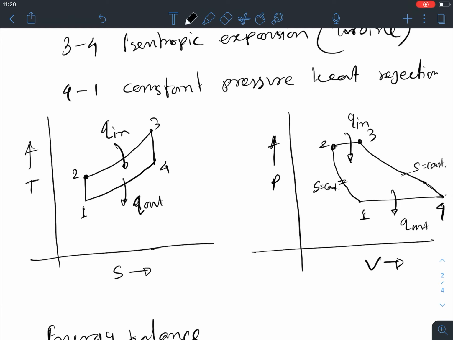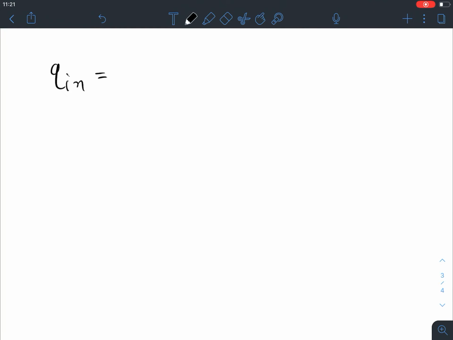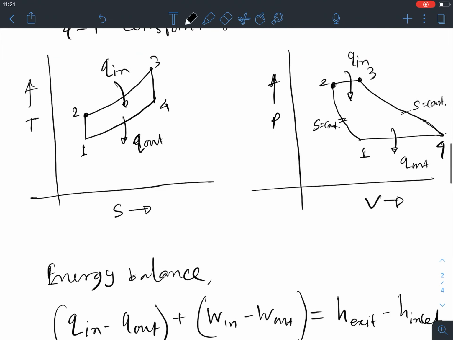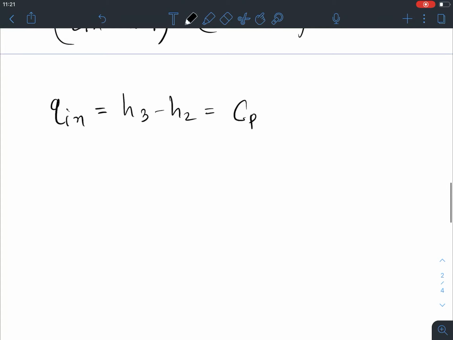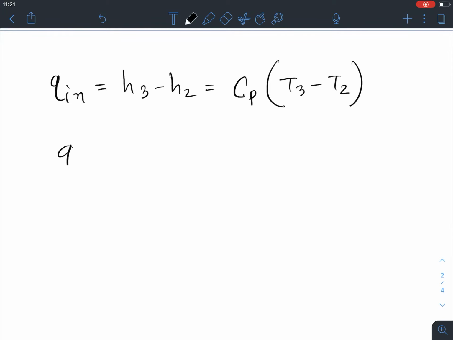Q in, in this diagram, is the 2 to 3 step. That means Q in will be H3 minus H2, which is nothing but Cp times (T3 minus T2), since it's a constant pressure heat addition.